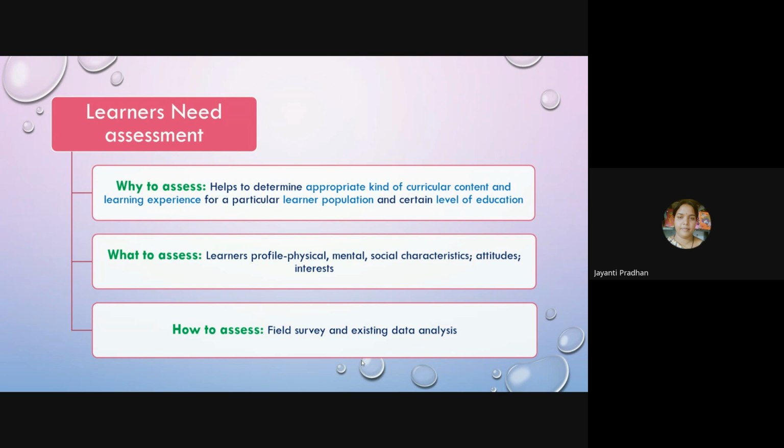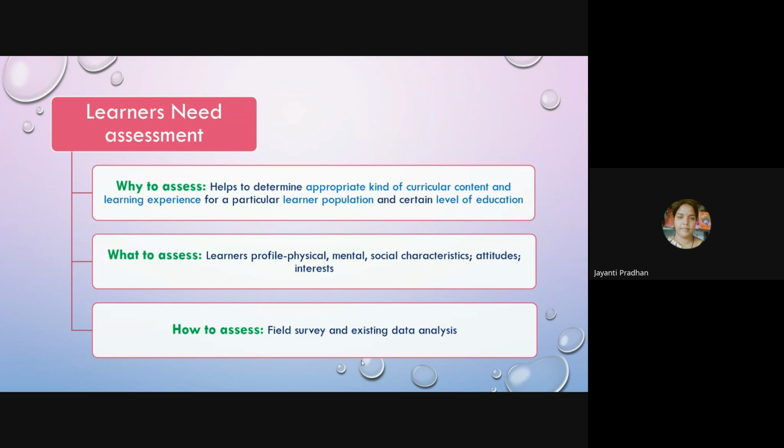The next part, how to assess. We have understood why to assess, what to assess, then how to assess. When we are going to assess the learner population, we are not going to assess only one child, we are going to assess a group of students of a particular level to know about the relevancy of the content to be delivered.